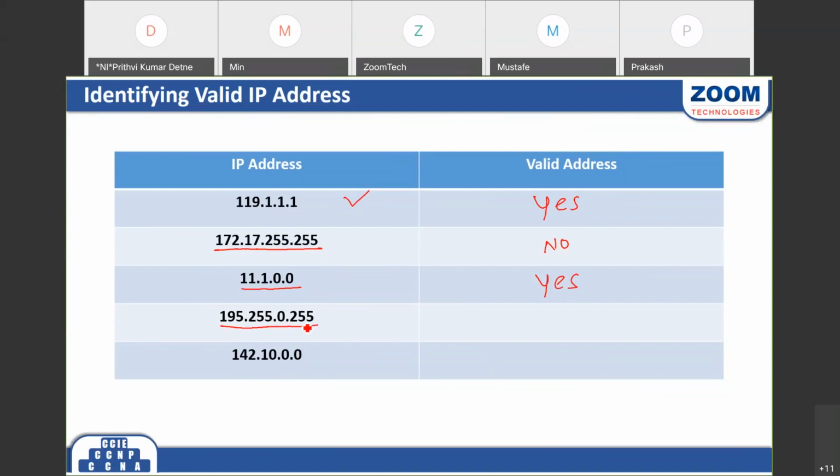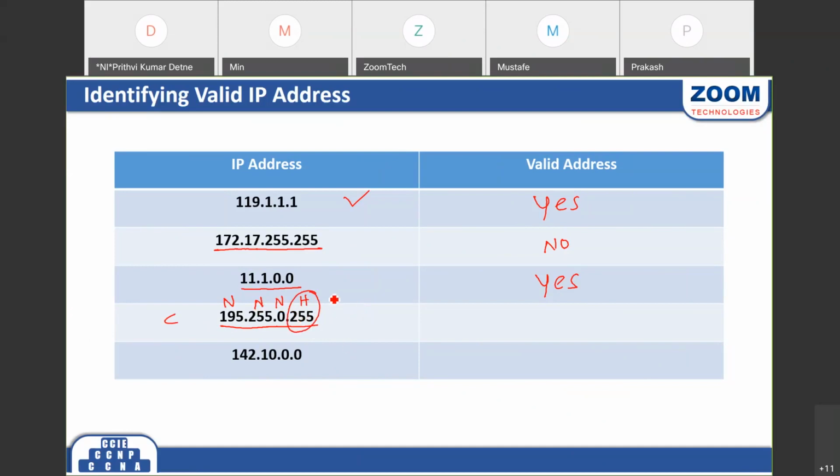195.255.0.255, is it valid? Come on, how is it valid? It's a class C IP address. The first octet is network, the second octet is network, the third octet is network, and the last octet is host. The host portion here is 255. If the host portion is 0, it's a network ID.